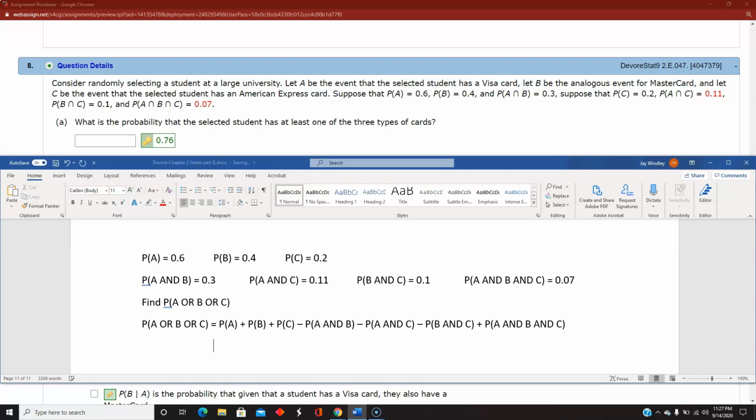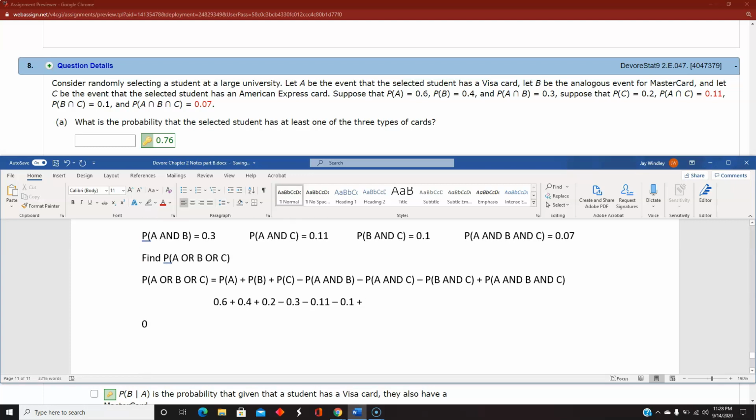All of these numbers we were told: 0.6, probability of B 0.4, probability of C 0.2, then subtract probability of A and B, 0.3, and then subtract probability of A and C, and then subtract probability of B and C, and then add the probability of A and B and C.